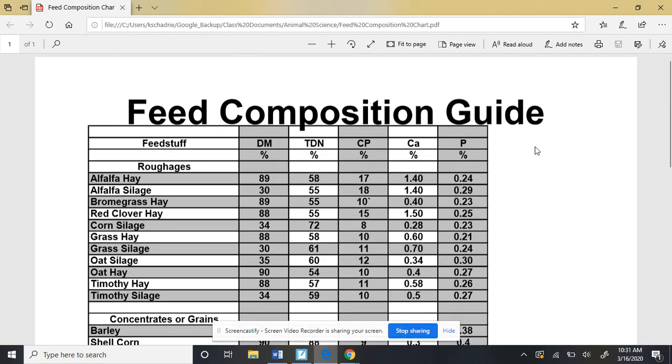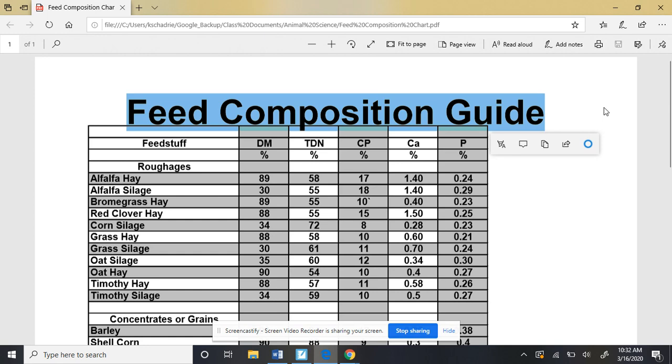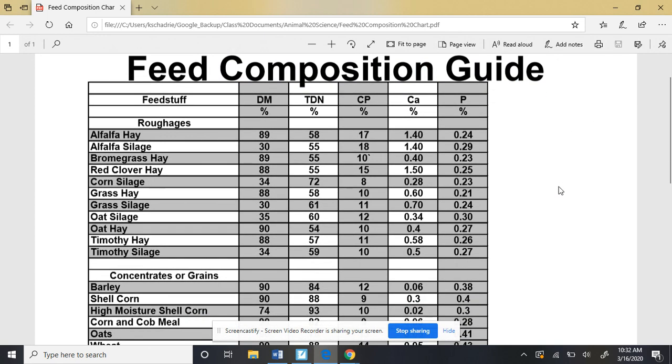Okay? So again, this document is something that you're going to be using to help create what we call balanced rations, aka rations that are going to provide all of the necessary nutrients for an animal, depending on what functions of feed we're trying to feed for. Your first activity with this is going to be just reading for information. Just like when we read an article, there are things that we want to focus in on and make sure that we understand.